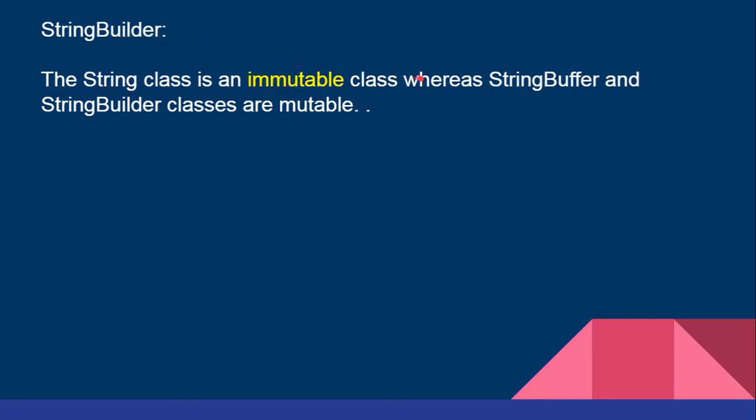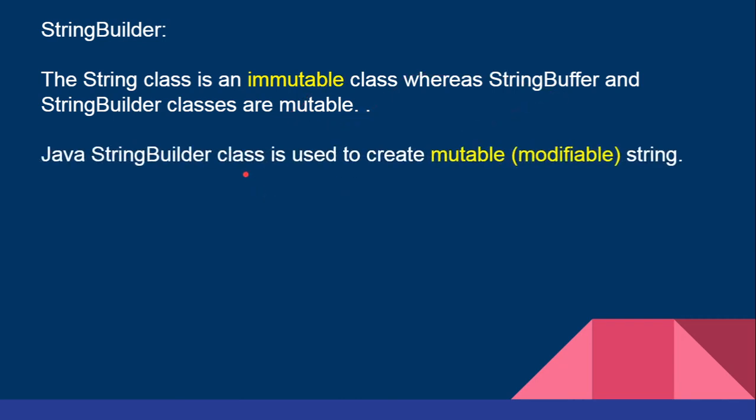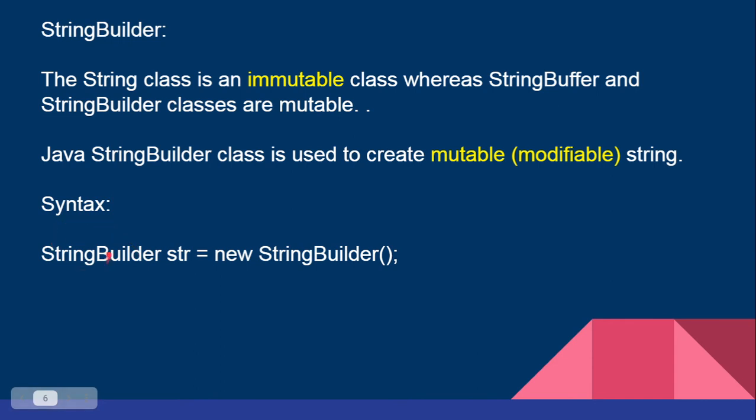But when you create a string using the StringBuffer or the StringBuilder class, it becomes mutable. Mutable means modifiable or changeable. The syntax is StringBuilder, the class name, then str, the object name, equal to new StringBuilder.